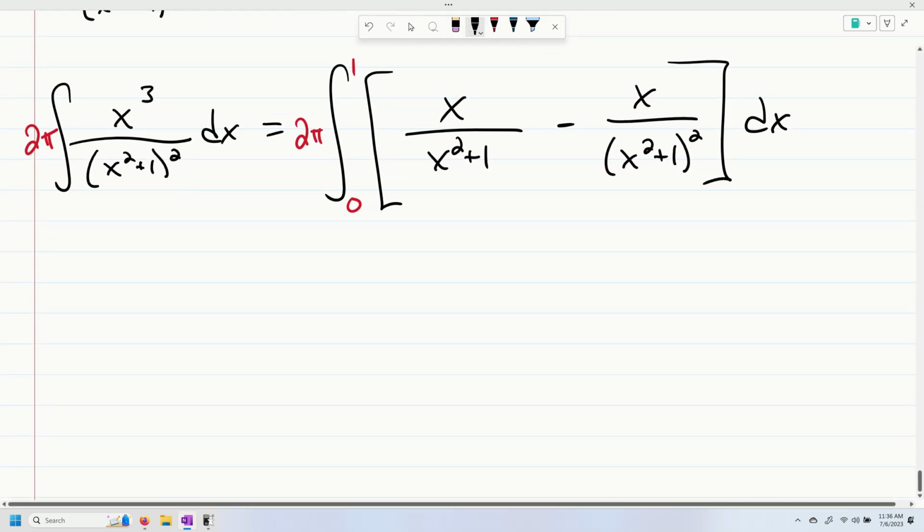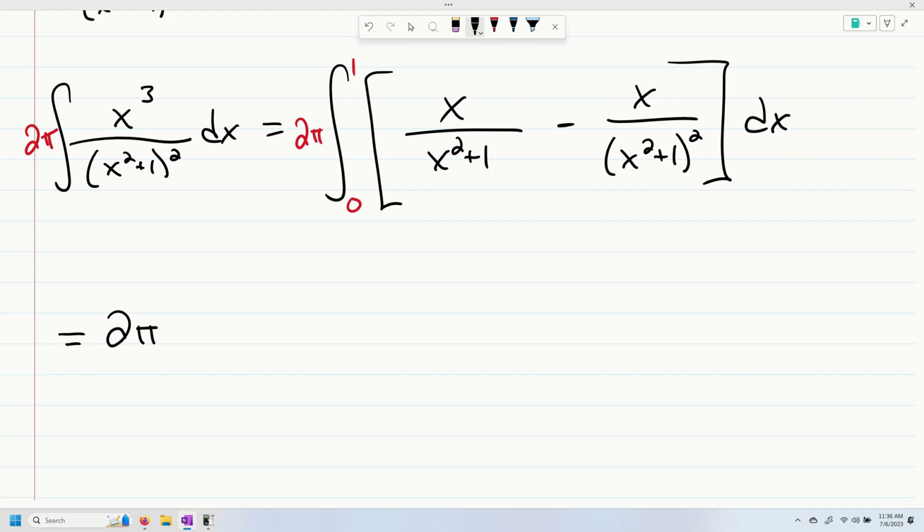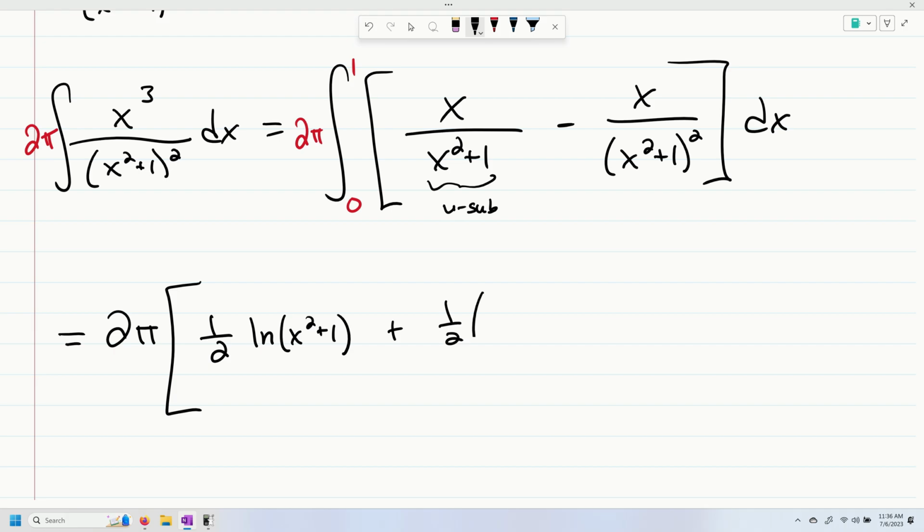So going from left to right, you're going to get 2 pi times the quantity 1/2 times the ln of x to the second plus 1. This is going to be u substitution. Plus 1/2 times 1 over x squared plus 1. Once again, using u substitution.